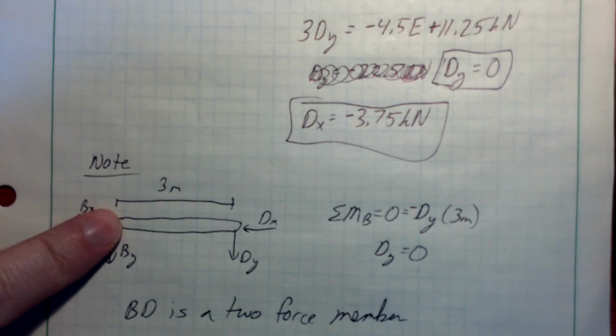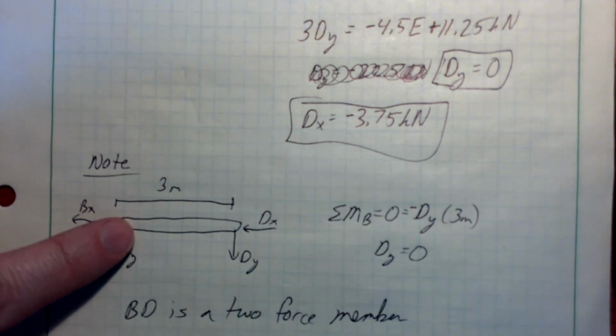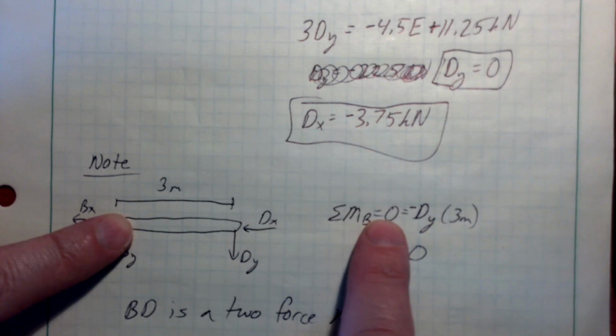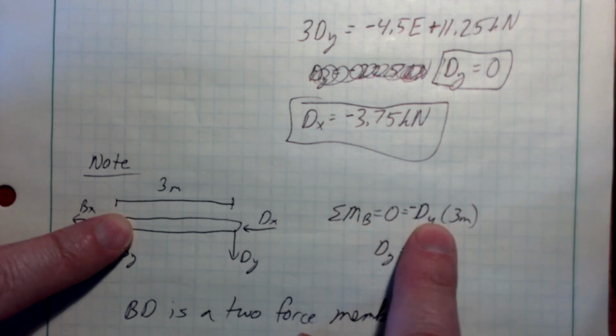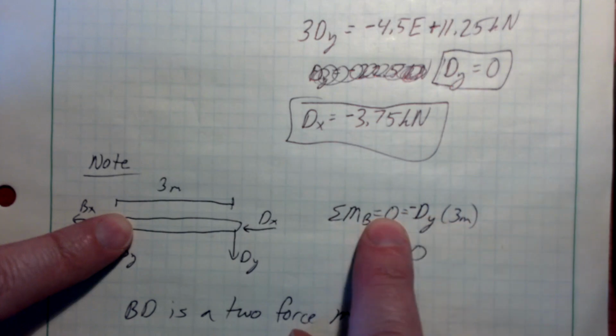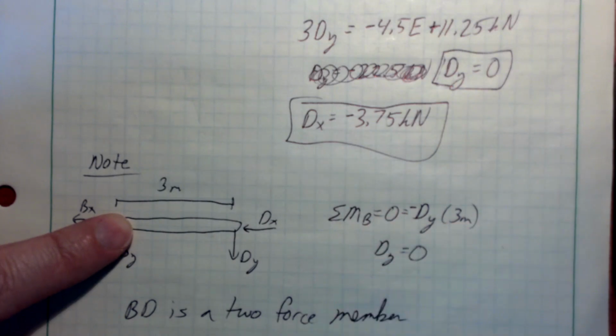Notice what happens if I take the sum of moments about point B from this free body diagram. The only one causing a moment about point B is the dy right here. So if I say sum of moments about point B is 0, I've got dy causing a clockwise moment at a distance of 3 meters, and that's equal to 0, so that means dy is 0.